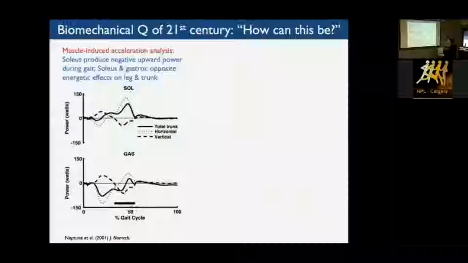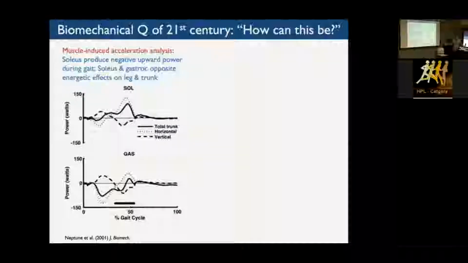And muscle-induced acceleration analysis has led to some rather puzzling results, such as during gait, the soleus produces negative upward power. The soleus and gastrocnemius, those are your calf muscles, produce opposite energetic effects on the leg and trunk, even though they're both part of the calf and they are different muscles, but some people would expect them to act somewhat similarly.